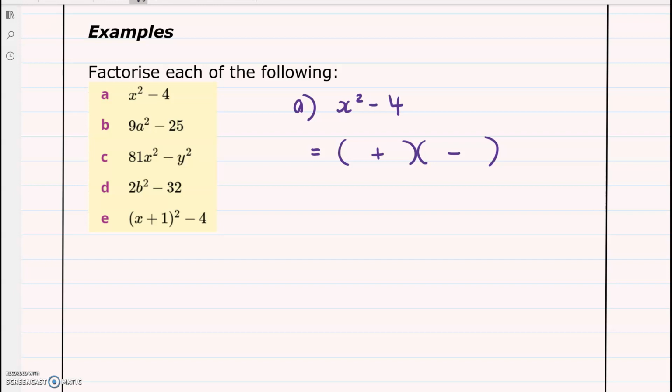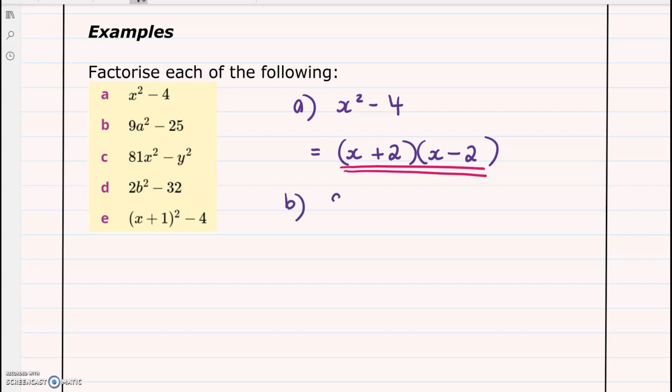And it's the square root of each of these things that goes in the bracket. So the square root of x squared is just x. So x is at the front of each bracket, because when you multiplied it, it gave you x squared. And the 4, the square root is 2. That's all I need you to do. That is x squared minus 4, all squared.